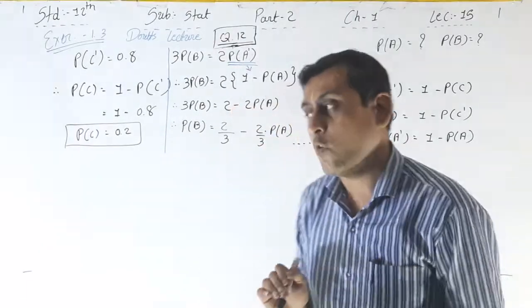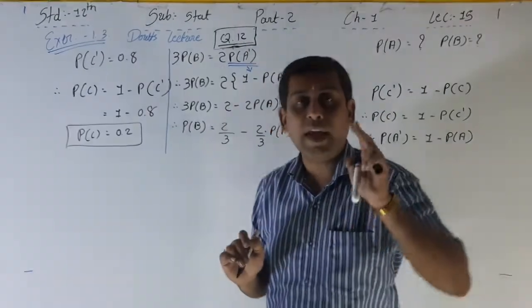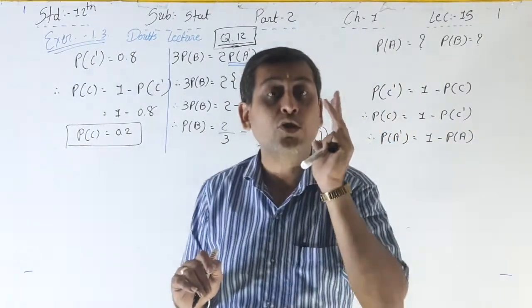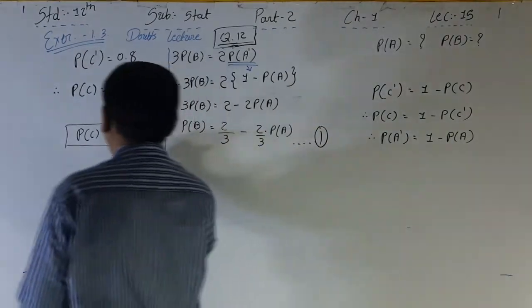Right? What is our formula for mutually exclusive and exhaustive events for 3 events? See that I am writing out here.